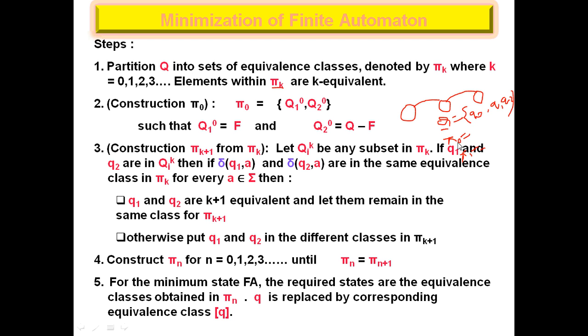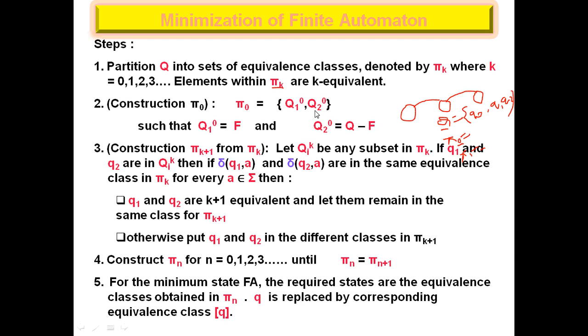The states present in a class should be equivalent: for a single input they have to go to the same state. That's why they are k-equivalent.